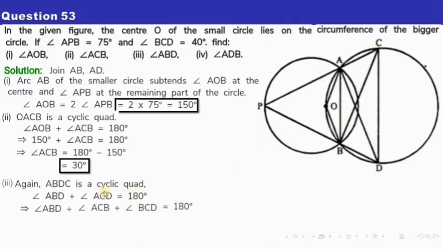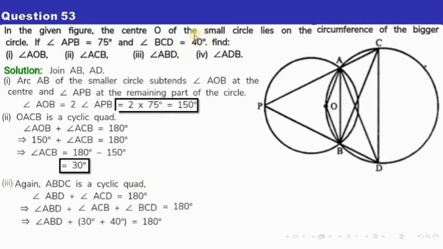So instead of ACD, I have written ACB plus BCD because we know the value of ACB, which is how much? 30 degree. And what is BCD? Okay, so let us see what BCD is. From here we have BCD equal to 40 degree. It is already given, right?